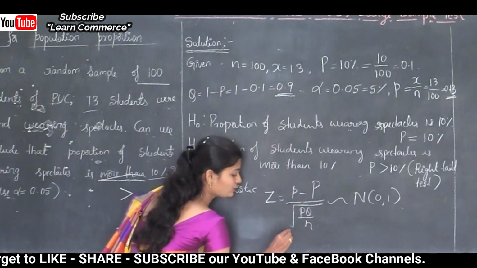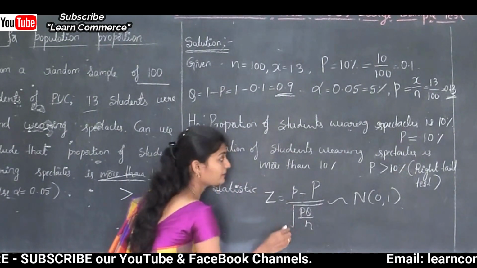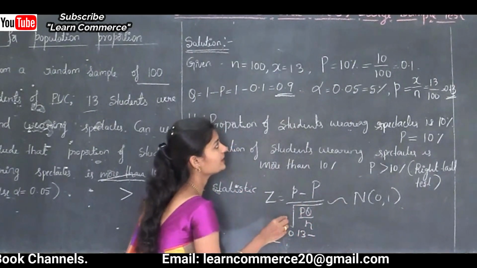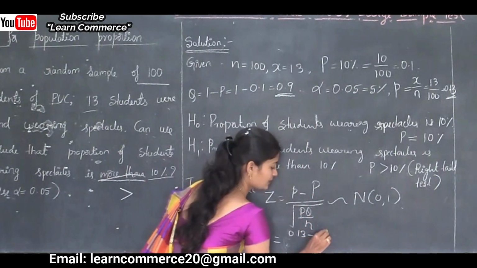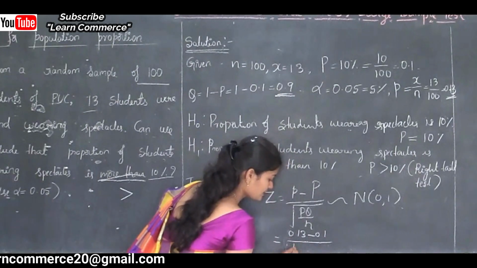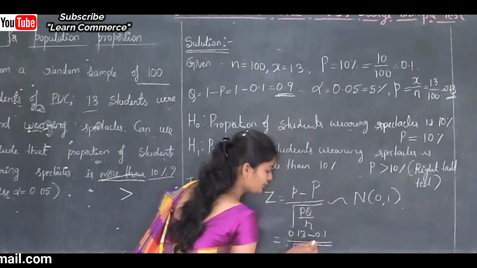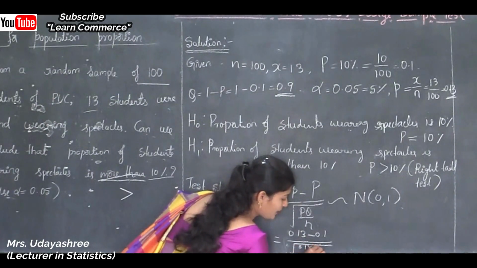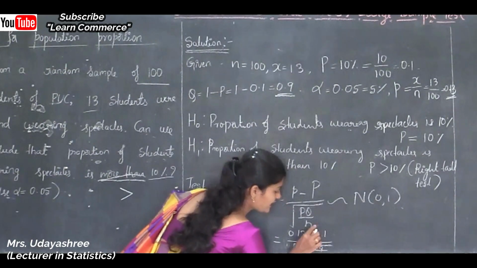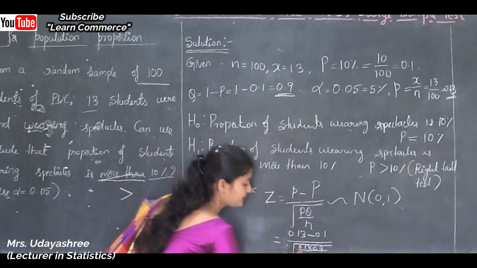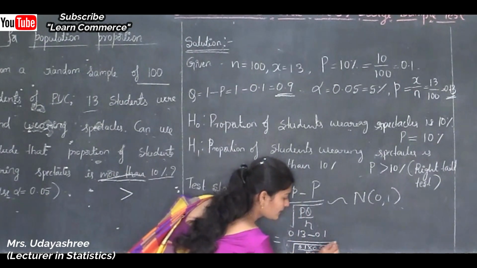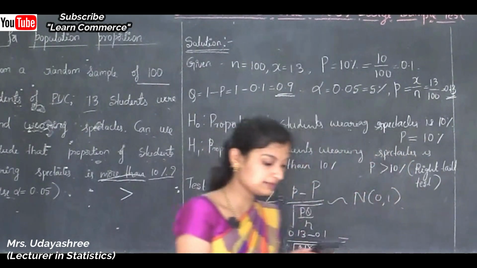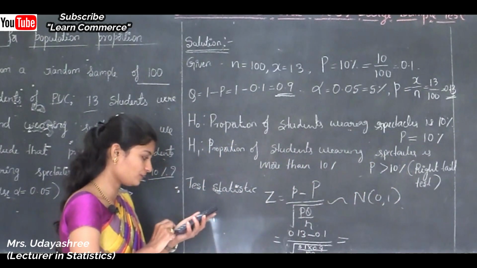This is equal to small p 0.13 minus capital P 0.1, divided by square root of PQ, where P is 0.1 and Q is 0.9, divided by small letter n, that is 100. This is equal to 0.13 minus 0.1, that is 0.03.